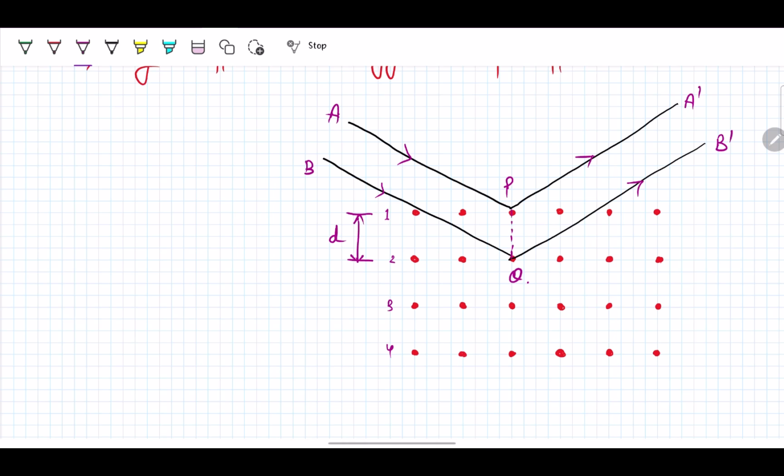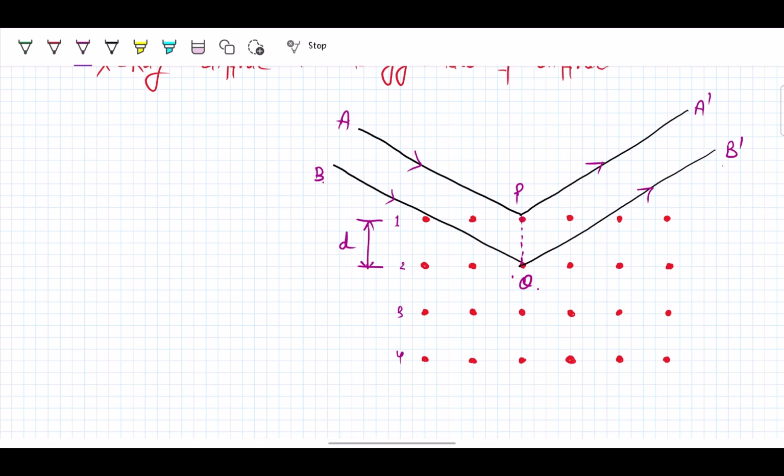If the path difference between APA dash and BQB dash is an integral multiple of lambda, there will be constructive interference and maxima will be observed. So if the path difference is an integral multiple of the incident wavelength, there will be constructive interference, and at that point the maximum will be observed.